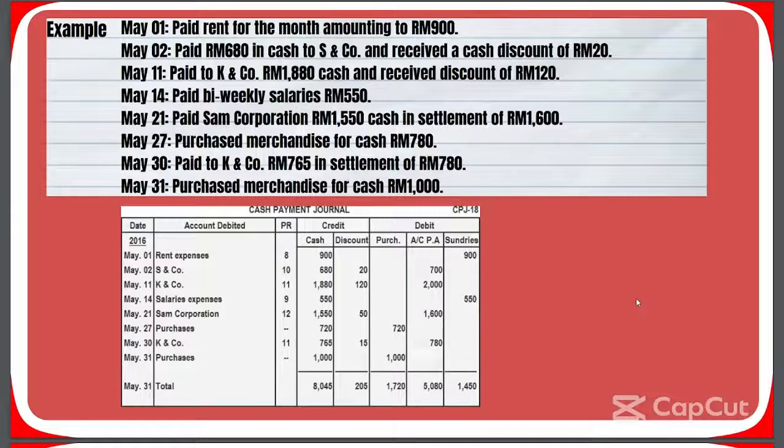Last day, 31 May, you write account debit is purchase, because of purchase. You write amount 1,000 ringgit at credit, and you write the same at debit. You make no change. Last, you write May 31, you write total, and you write total of credit and debit. You can do the cash payment journal.